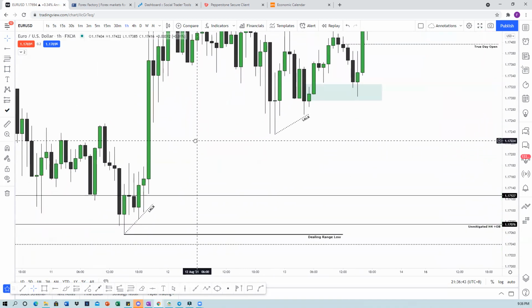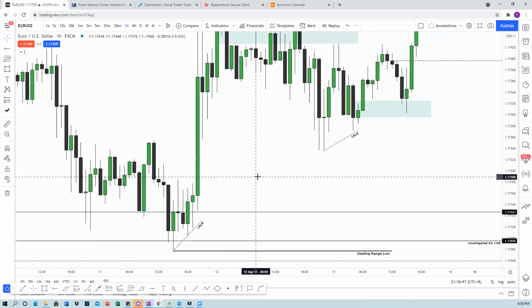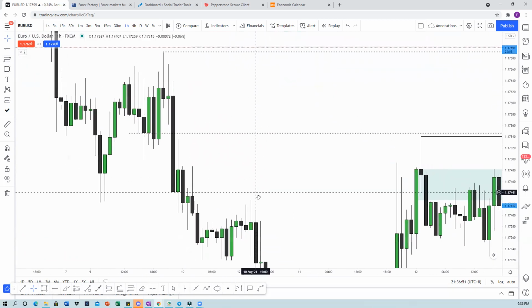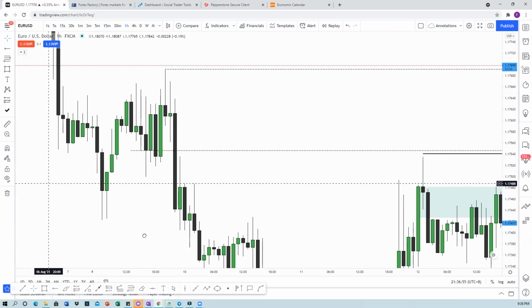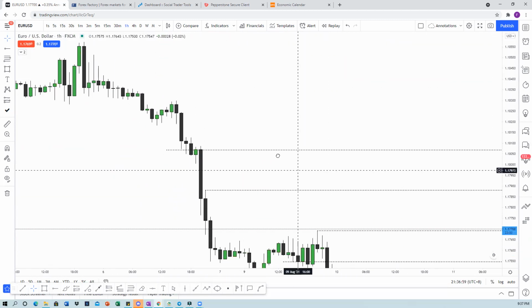Then in terms of an order block that looks normal, I would say something like this.